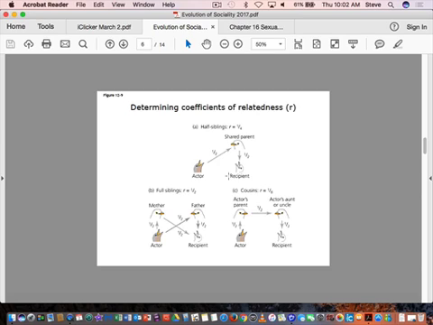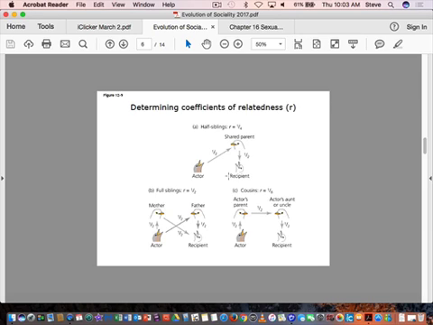Obviously there's a shared parent. It could be a mother, it could be a father. This is the actor and the recipient. In general, half-siblings share 1/4 of their genes in common. And the way you do it is you just take this times that to get the coefficient of relatedness. Half-siblings share 1/4 of their genes in common with each other.